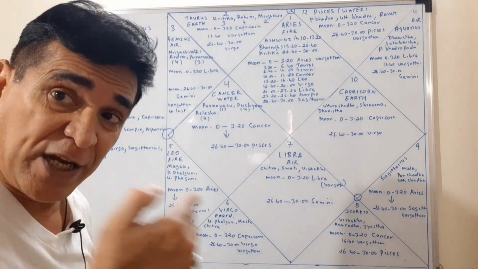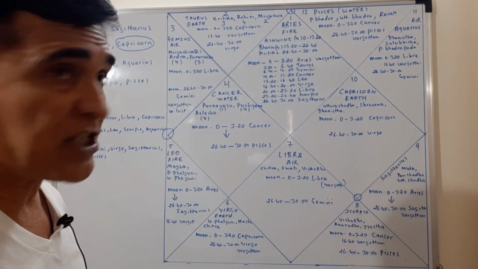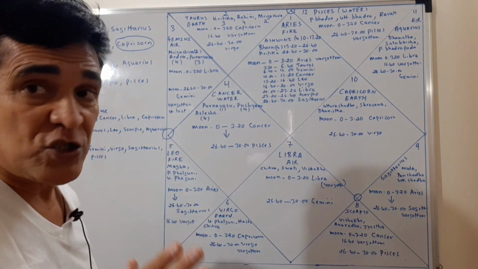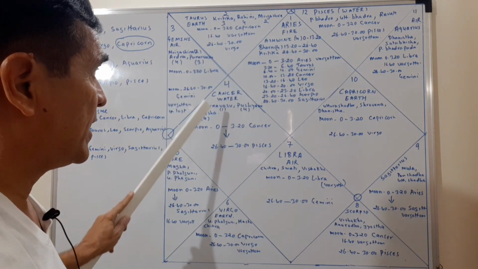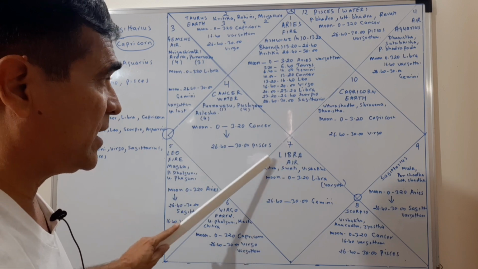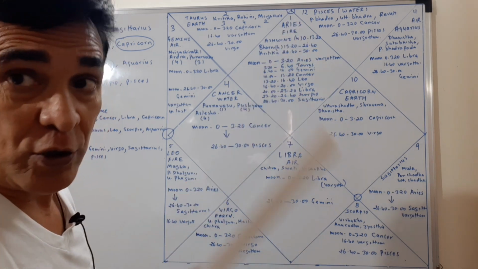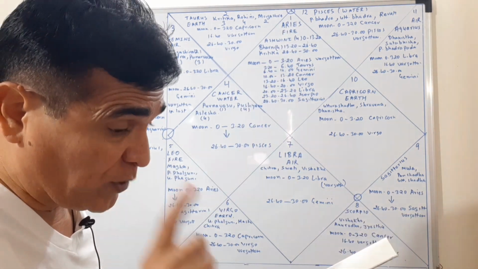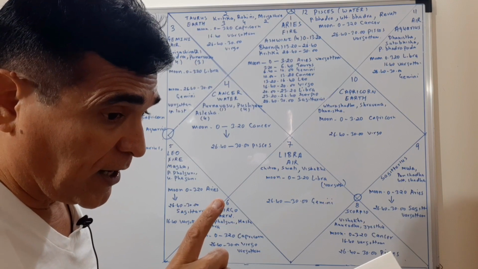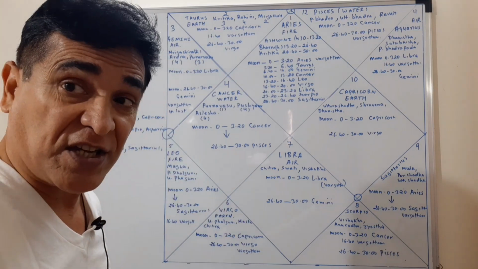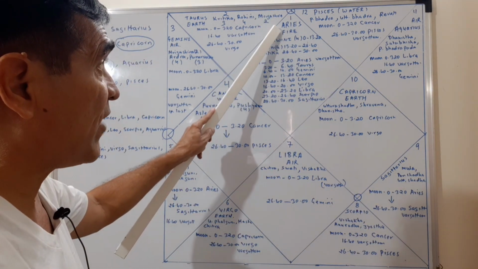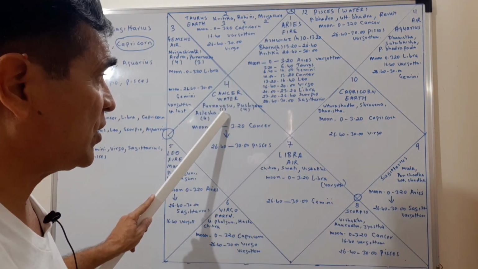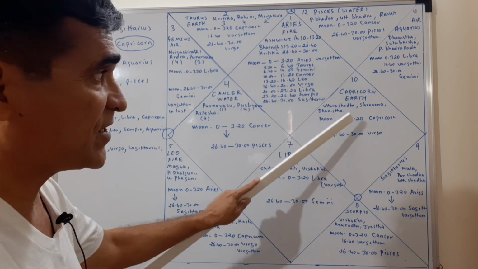Before I go forward, I want you to please concentrate on the kendras: Aries, Cancer, Libra, Capricorn. See how beautifully, long ago, the sages arranged this, it's really amazing. This is fire, this is water, this is air, and this is earth.